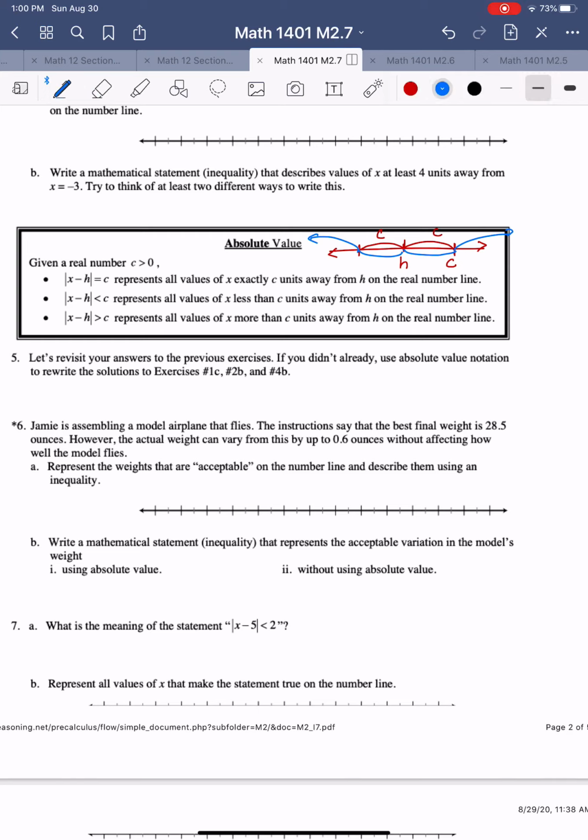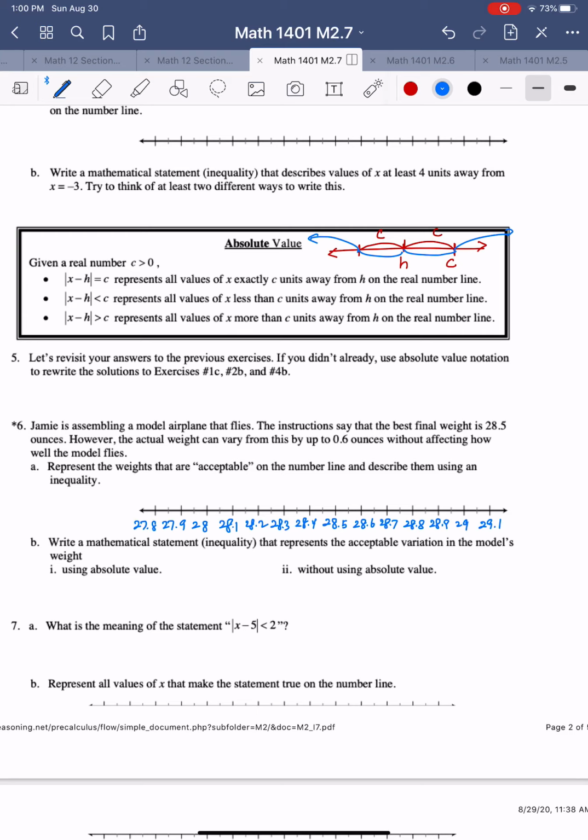If I put this at 28 and then 28.5 and 28.6, 28.7, 28.8, 28.9, 29, and then 29.1. If we go to the left, you get 28.4, 28.3, 28.2, 28.1, 28, and then 27.9 and 27.8.